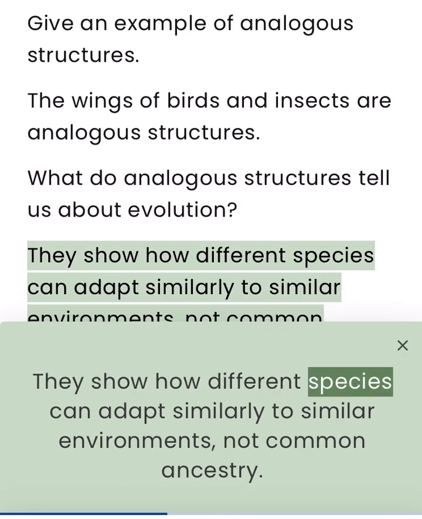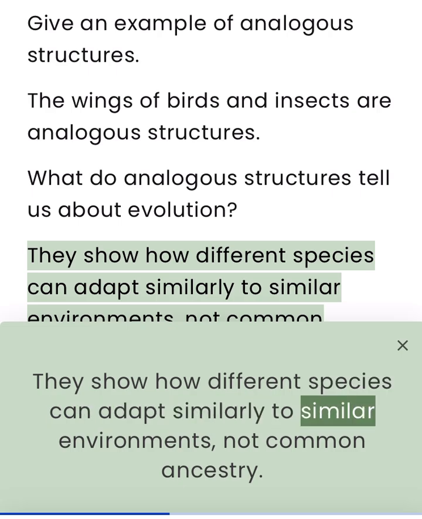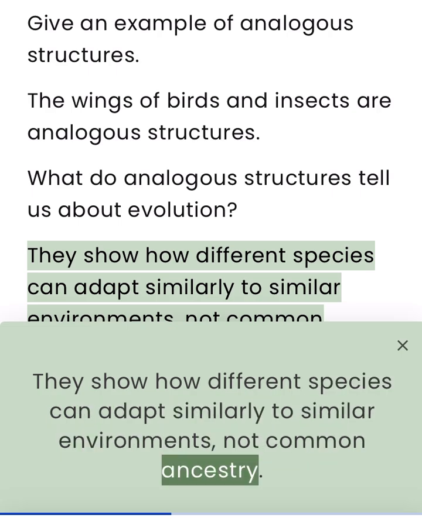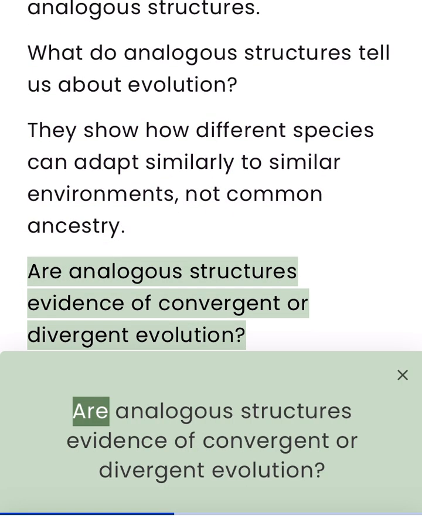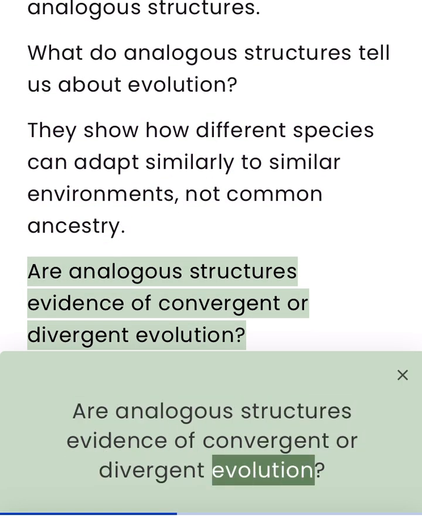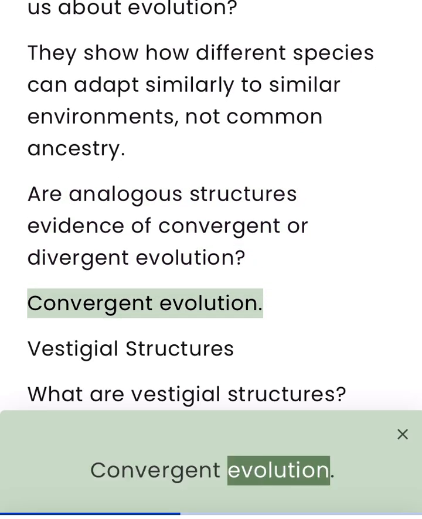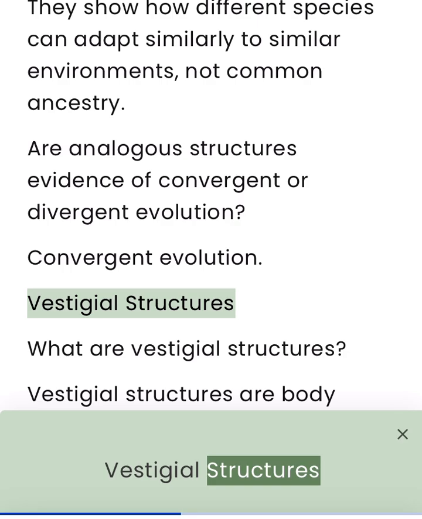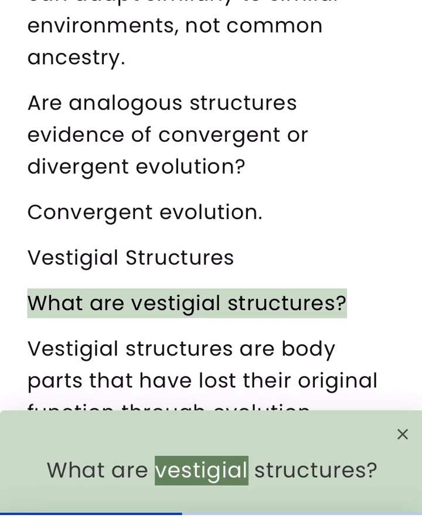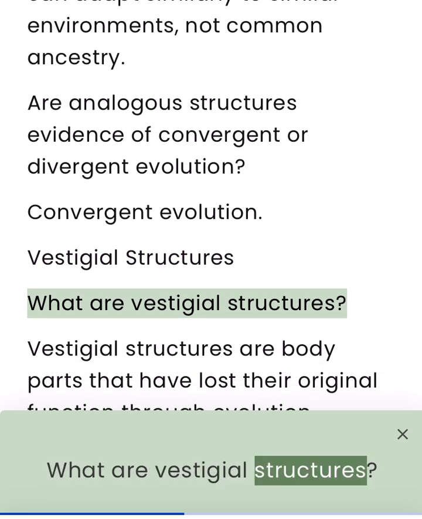They show how different species can adapt similarly to similar environments, not common ancestry. Are analogous structures evidence of convergent or divergent evolution? Convergent evolution.